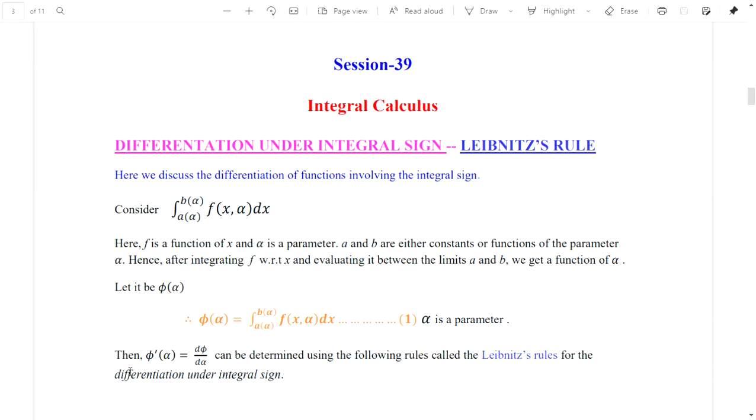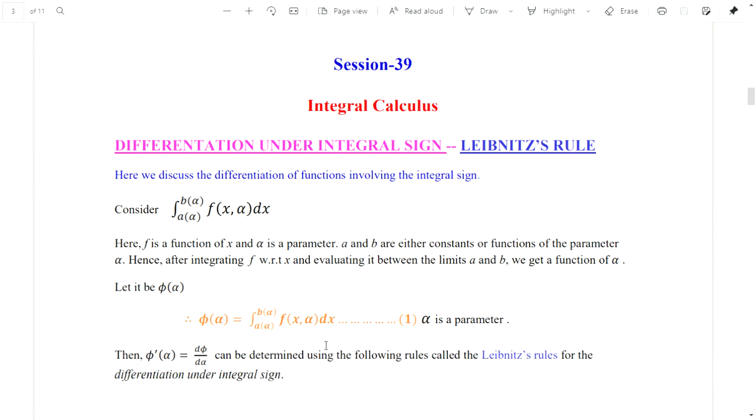Now, to find the differentiation of this phi of alpha, we have to differentiate this function which involves the integral, which we can't do directly. The differentiation of phi of alpha with respect to alpha we have to do, but here the integration is with respect to x. So we can't do the differentiation under the integral sign directly.